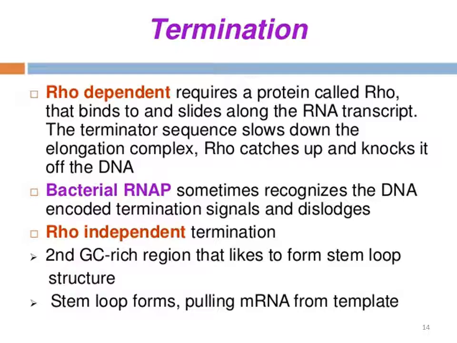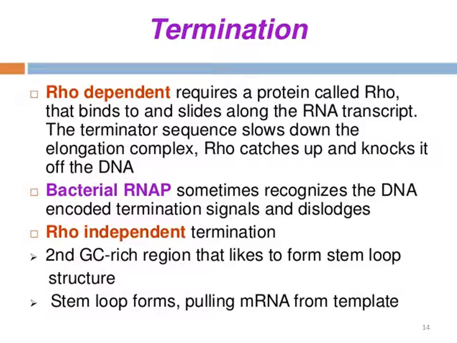Now, the third phase of transcription, which is the termination phase. In the termination phase, first Rho dependent. What is Rho? It is a type of protein, and this protein binds to the RNA transcript, the newly synthesized chain of RNA, which is already synthesized.